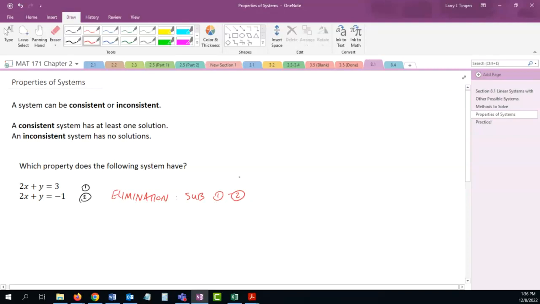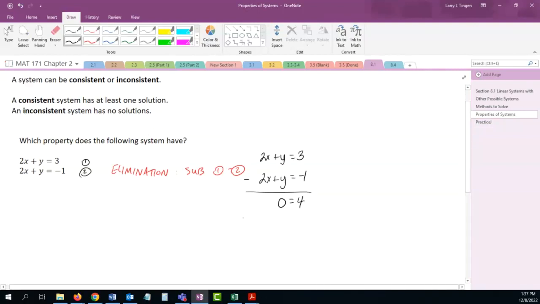So if I subtract 2x plus y is equal to 3, a very large subtraction sign, and 2x plus y equals -1. If I subtract these, what happens? 2x minus 2x is 0, y minus y is 0, 3 minus -1 is 4, and we end up with something that is false.